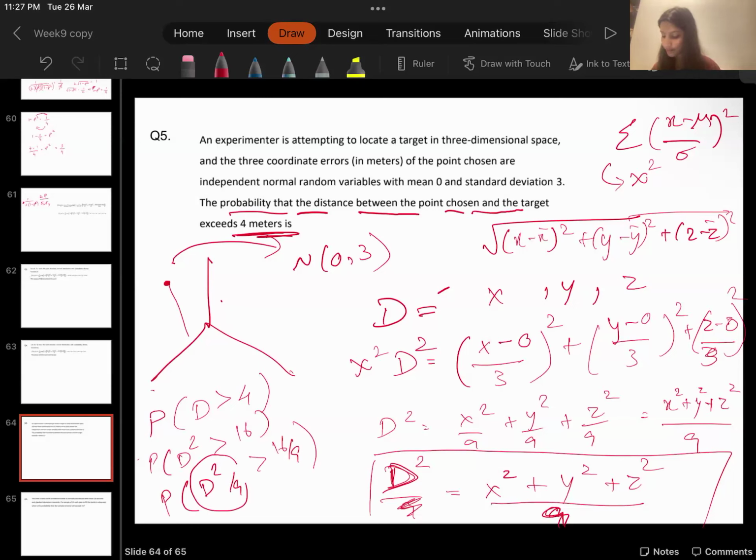So d square by 9 follows a chi-square distribution, and n here is 3, because we had 3 random variables x, y, and z. So we have 3 degrees of freedom. You need the probability that chi-square with 3 degrees of freedom is greater than 16 by 9.